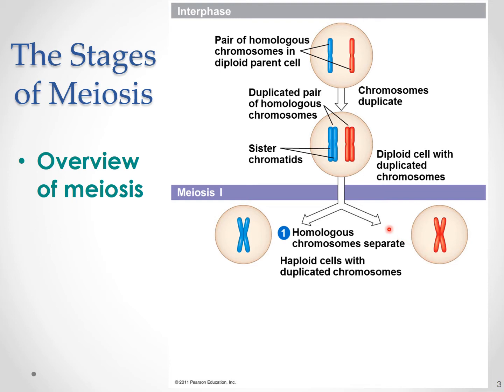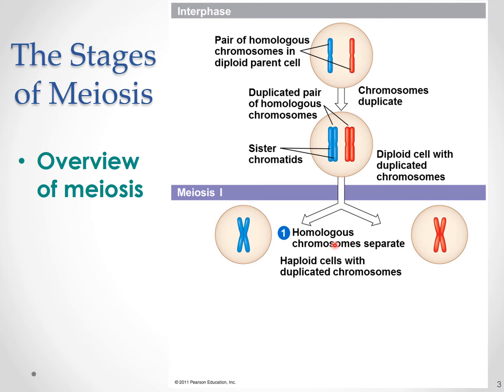Now, remember the phases of mitosis where the sister chromatids separate, and then, of course, the cells undergo the division. Now, instead of sister chromatids, during meiosis 1 it's homologous chromosomes that separate.